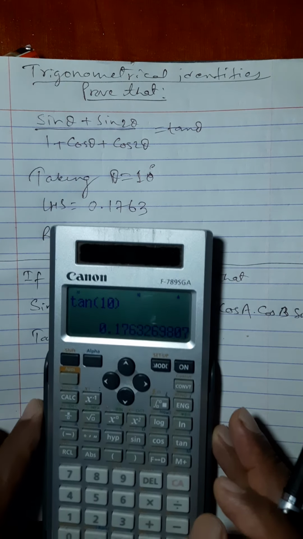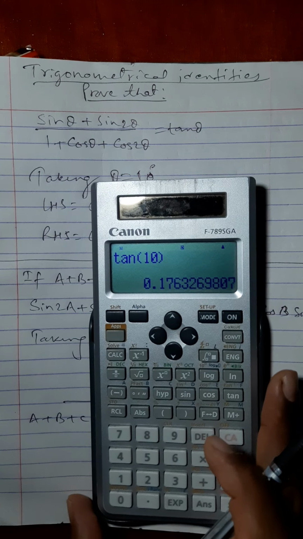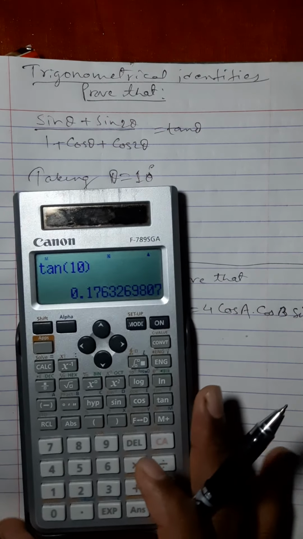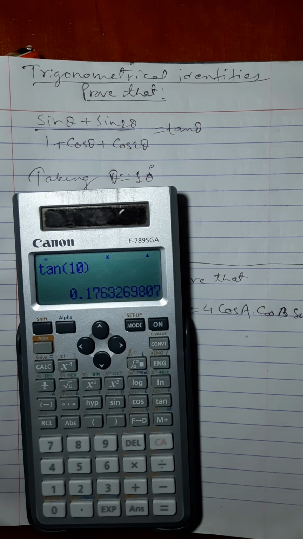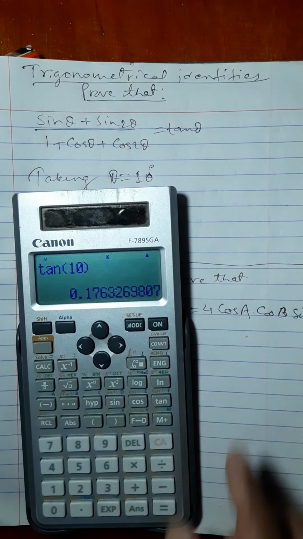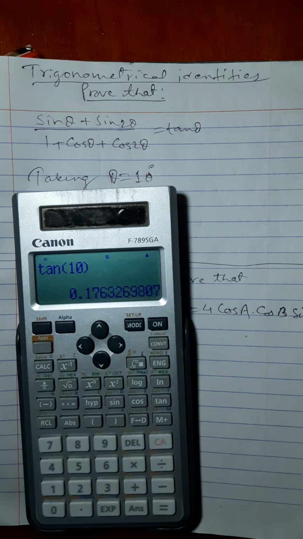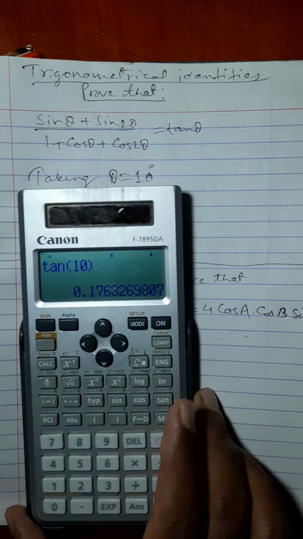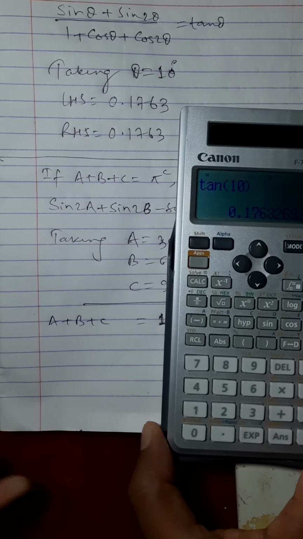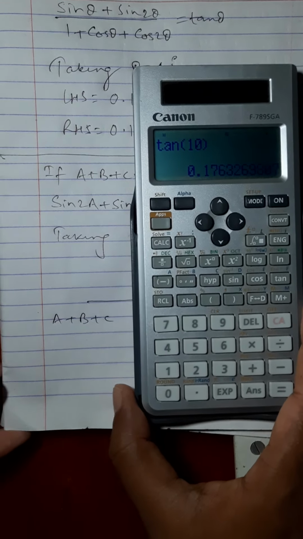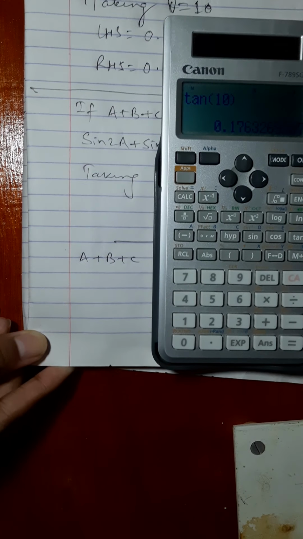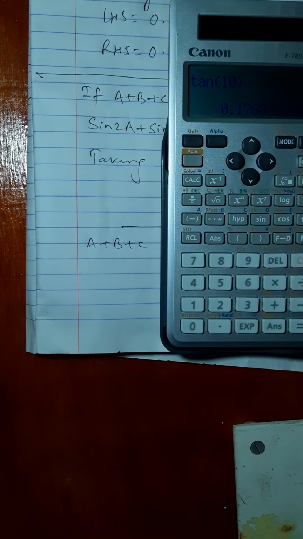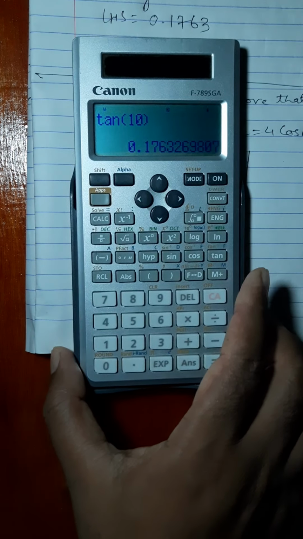That means our question is correct. After you know the question is correct, if you start solving from the LHS, you will be able to get the RHS and your time will not be wasted. Even while practicing, due to a misprint in the book, your precious time will not be lost in the examination.